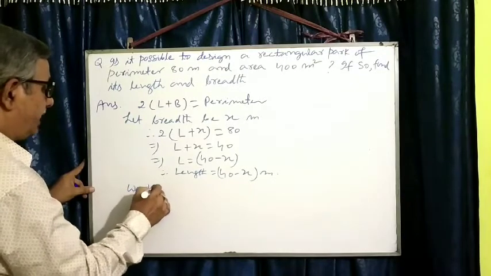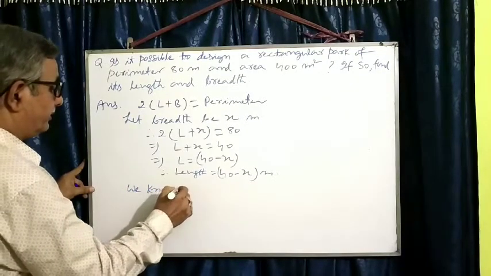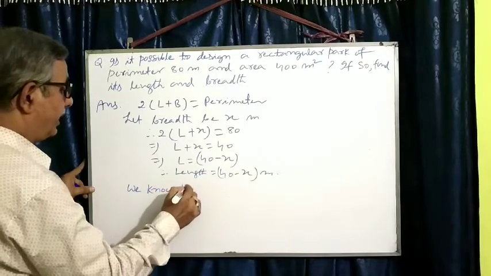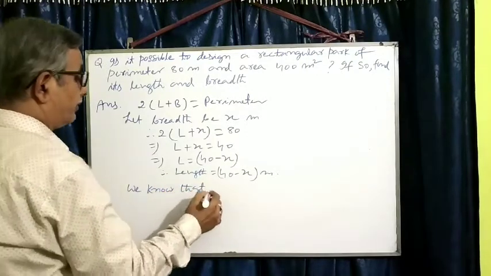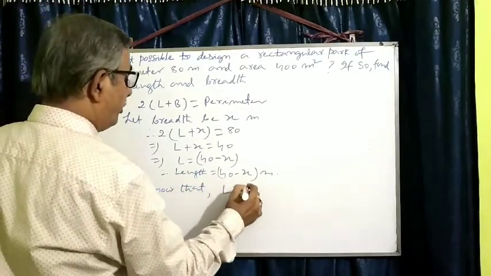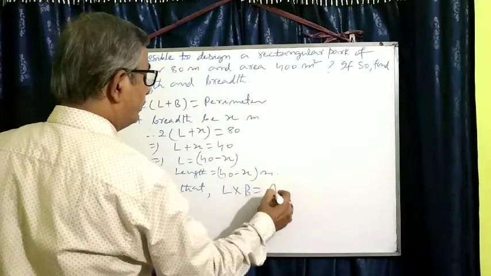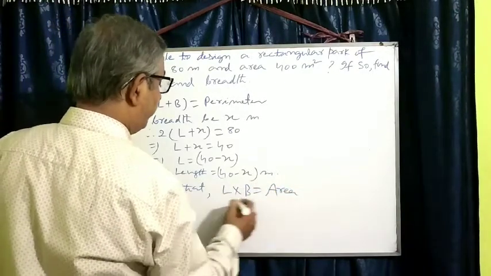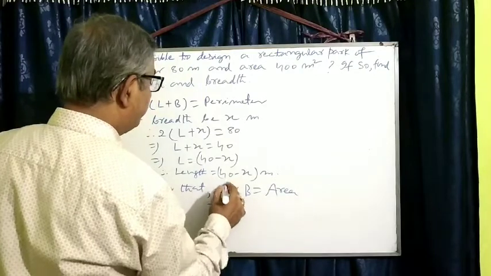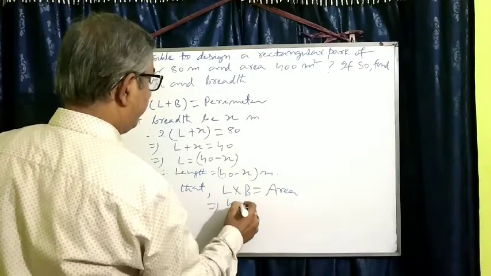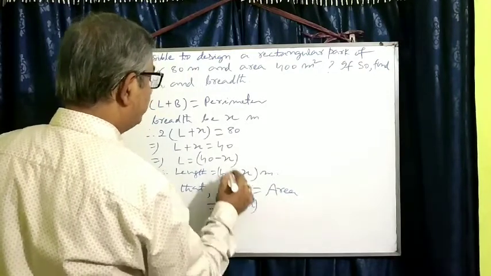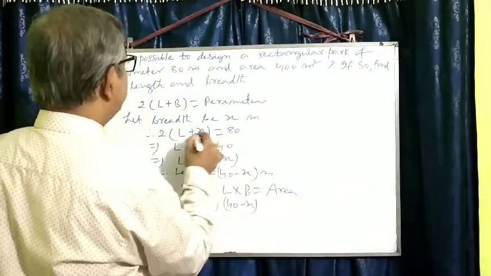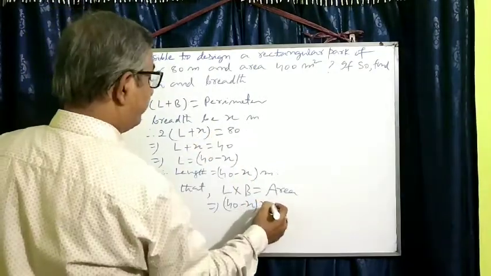Now you know that area, we know that length into breadth is equal to area. Therefore, instead of length we are writing 40 minus x, instead of breadth we are writing x.